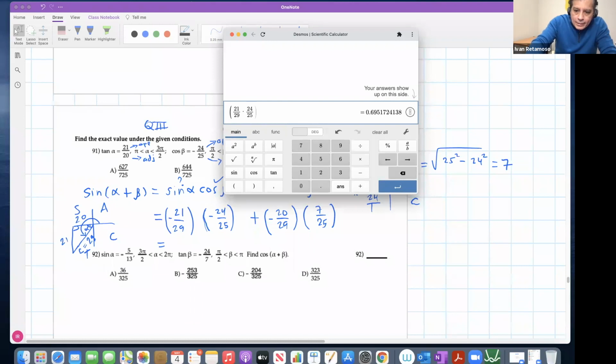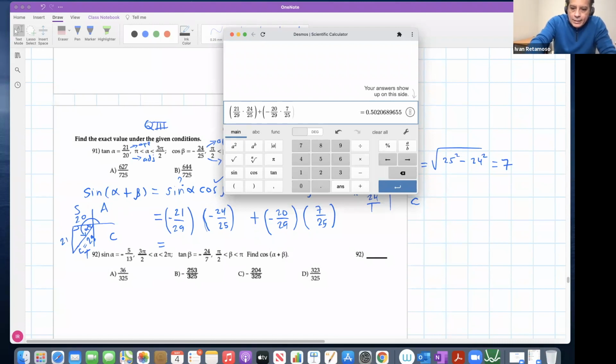Plus negative 20 over 29, multiplied by 7 over 25.